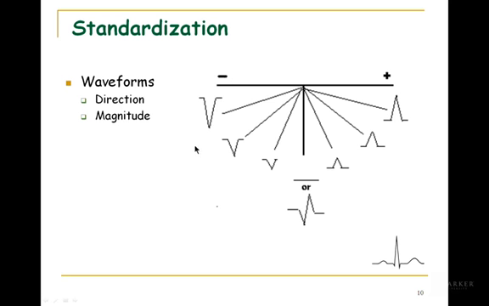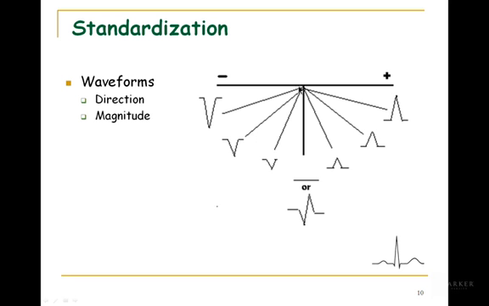That's easy enough. Now, why do we have these ones that are a little bit different in size? Well, size is going to be determined by relative direction to the lead axis. If that wave of depolarization is running towards the positive recording electrode, and it's running parallel, just like this, to the lead, you're going to get the maximum upwards deflection that you can get, the maximum recorded amplitude.